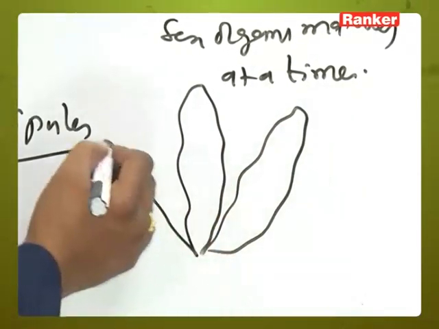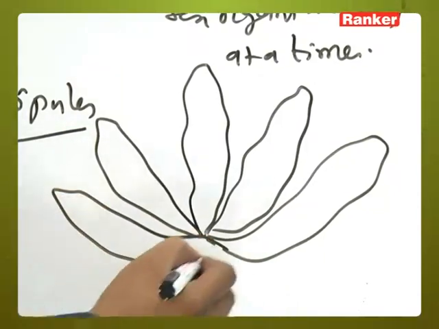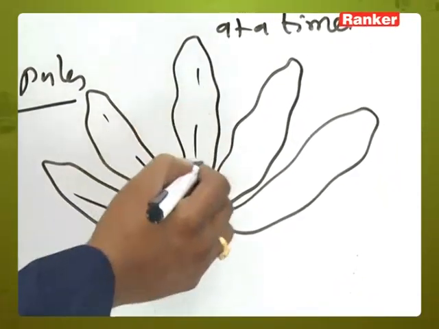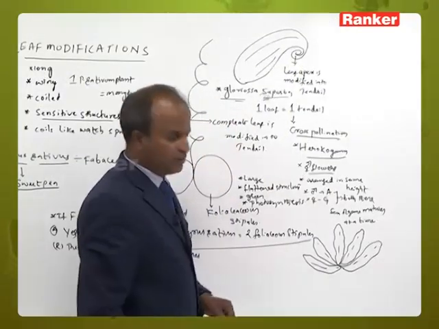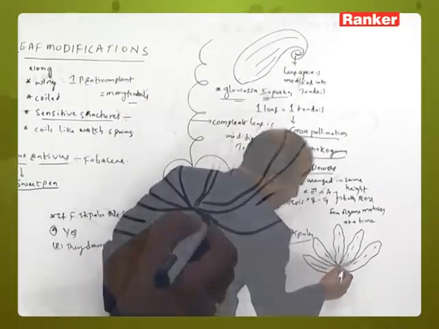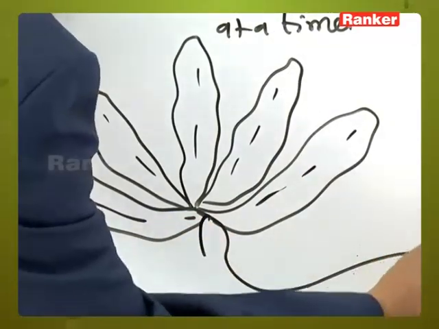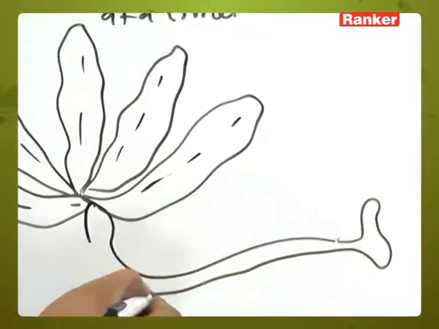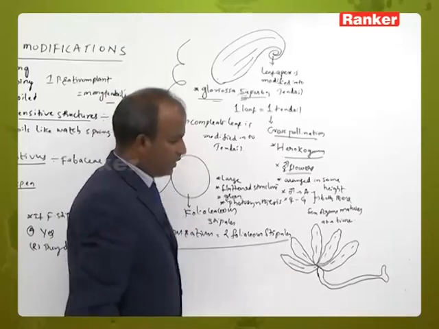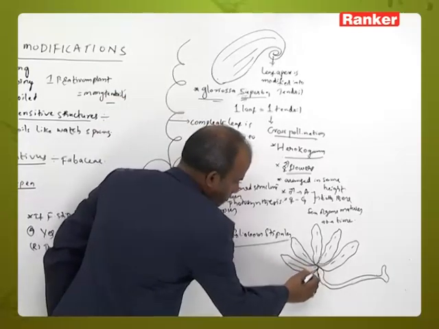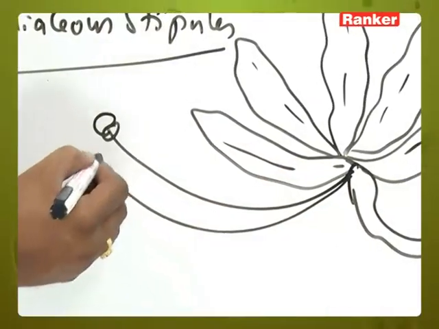These are the petals of Gloriosa superba. Now, the female sex organ is present towards one end, and the male sex organs are present towards the opposite end.